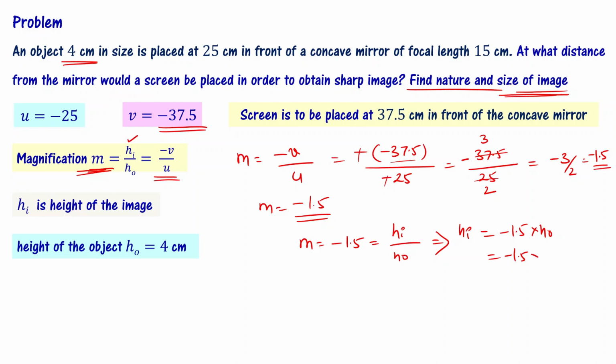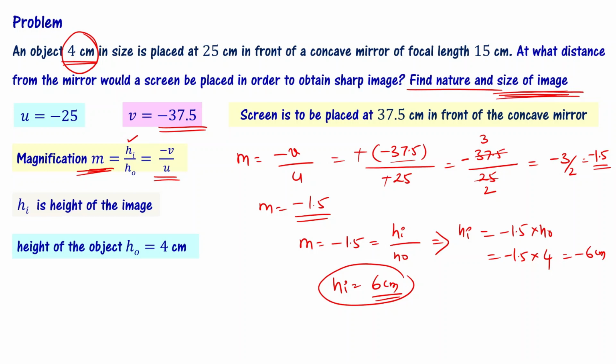Minus 1.5 into 4 is equal to minus 6 centimeters, right? So the size of the image is 6 centimeters. You understood? This means the image is going to be enlarged. The object size is 4 centimeters but the image size is 6 centimeters, so the size of the image is going to increase, meaning the image is enlarged.